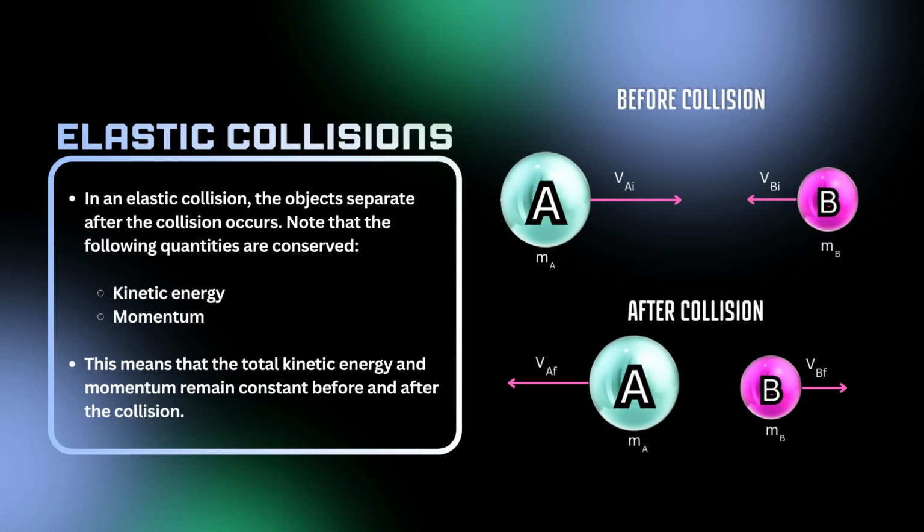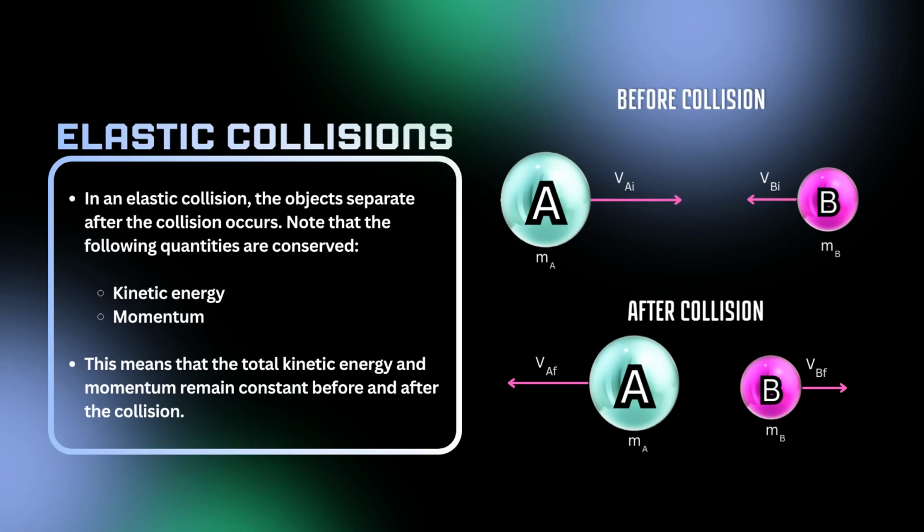This means that the total amount of motion and energy before and after the collision remains the same, even though the motion of an object or individual objects may change. Imagine it like a perfectly choreographed dance where each dancer maintains their energy and momentum, even as they interact and separate.